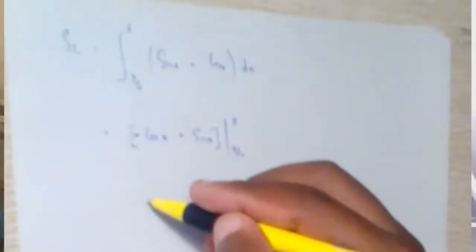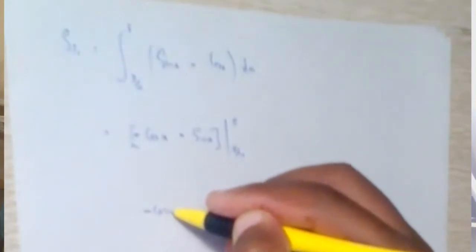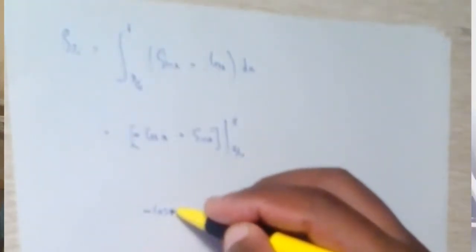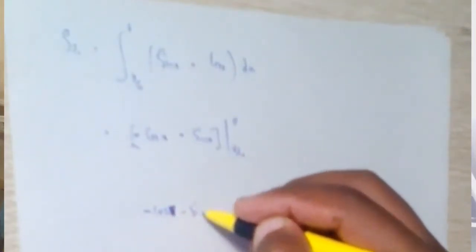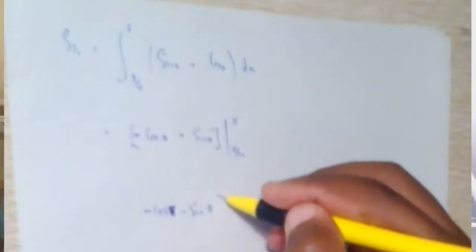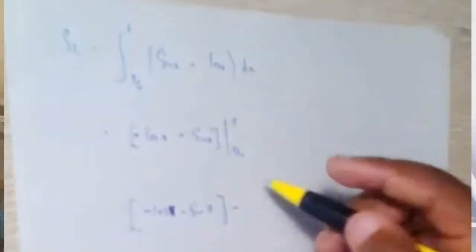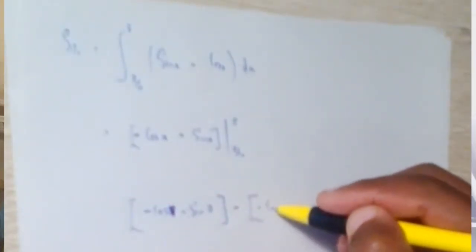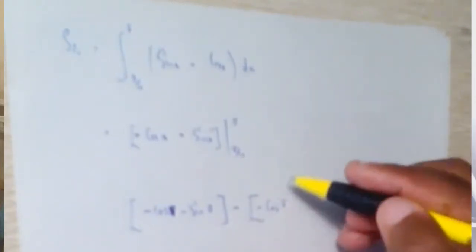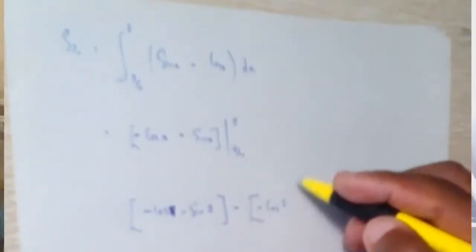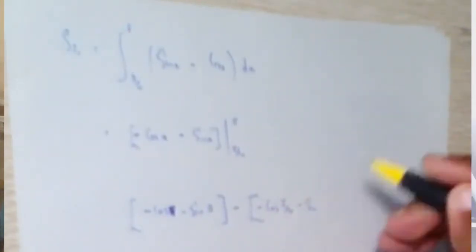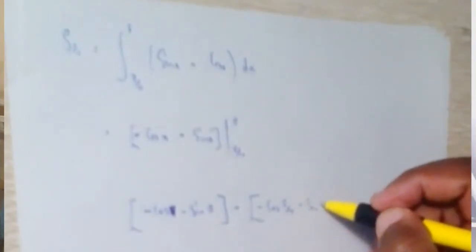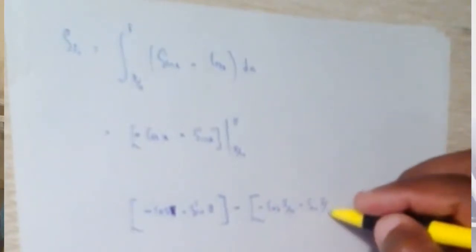Okay, so this is how we're going to solve it. Put the upper limit first: negative cos pi minus sine pi, in brackets, minus, we now put the lower limit: negative cos pi divided by 4 minus sine pi divided by 4.